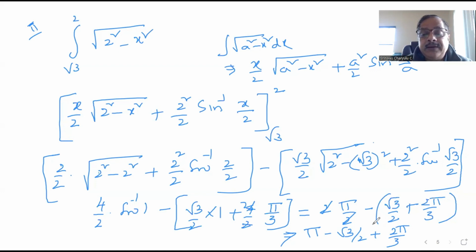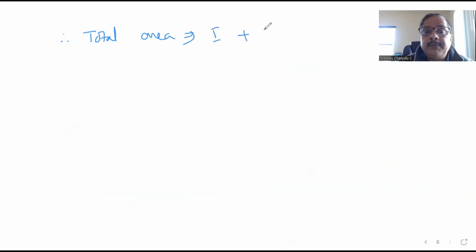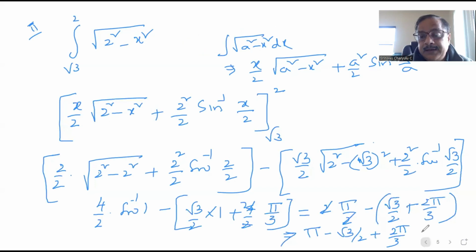First area, second area, we have to add 1 plus 2. Therefore, the total area is equal to the first one we evaluated plus the second one. First one we got as root 3 by 2. What about the second one?